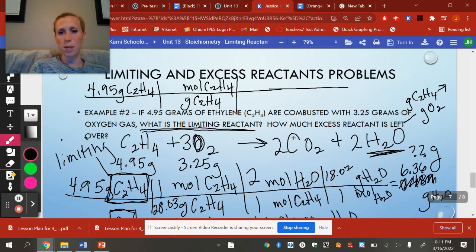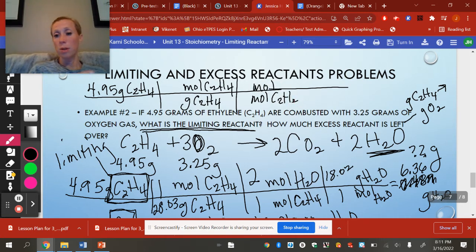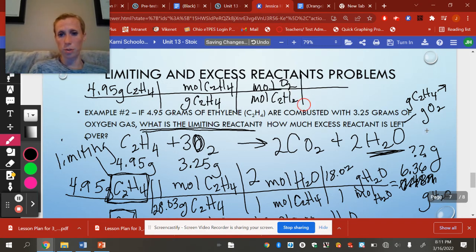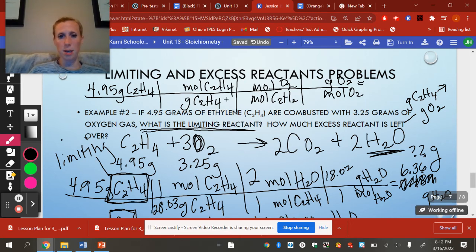Now that I'm at moles, I can go from moles of C2H4 to moles of, and remember, here's what I'm shooting for over here, grams of oxygen. So I have to go to moles of oxygen first, and then I go from moles of O2 to grams of O2. Now remember, this bridge is nice because we've already figured out all the molar masses of things.